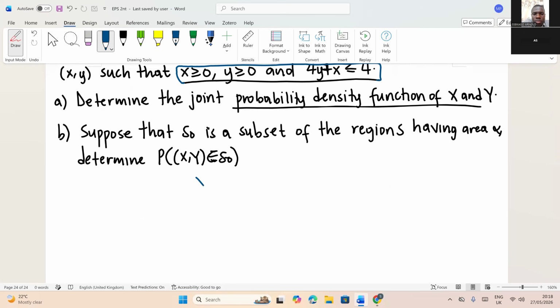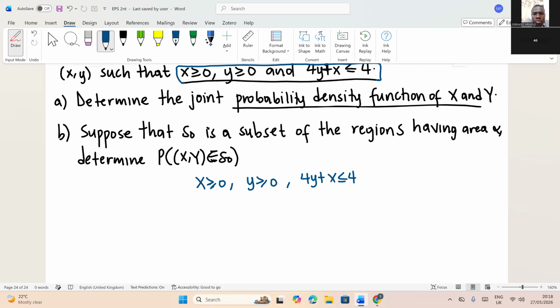The region is x greater or equal to 0, y greater or equal to 0, and 4y plus x less or equal to 4.